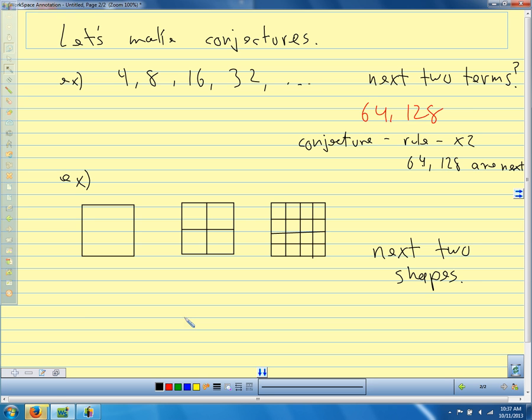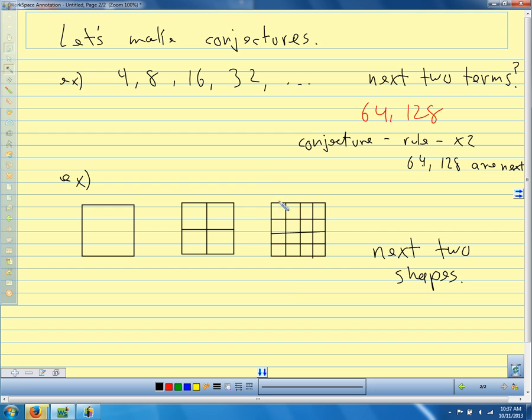So how many squares would be on one side of the next shape in the pattern? How many this way and how many this way? It would be a what by what square? It would be 8 by 8. Sam says 8 by 8. Is that what you were thinking, Lydia?